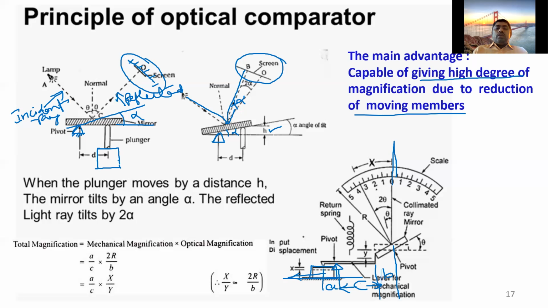If there is any deviation, this lever moves about the pivot point, and the mirror tilts through angle theta. Y is the distance between the mirror position and the horizontal position after tilting.